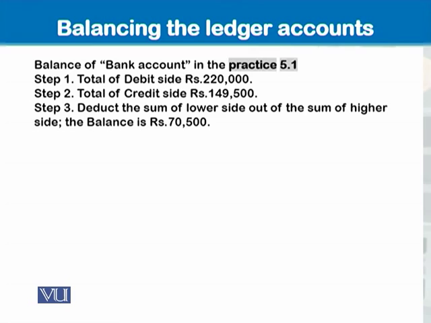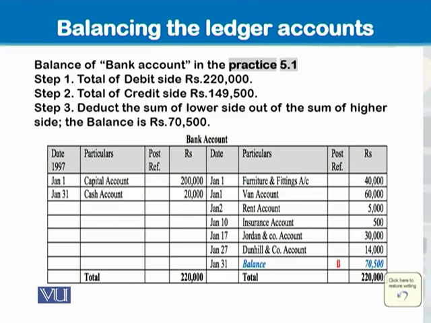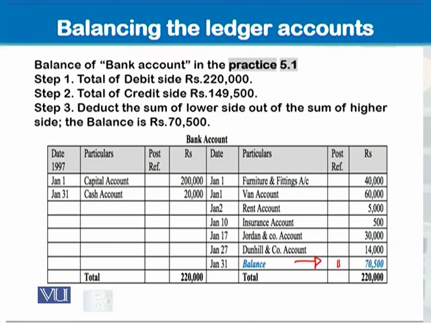So simply deduct this 149,500 from 220,000, we shall get the balance of rupees 70,500. Well, this balance of 70,500 would be appearing in the credit side.